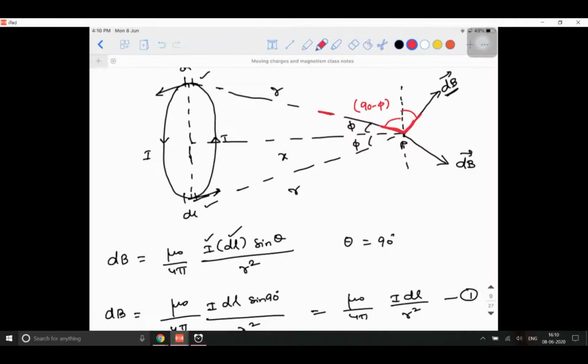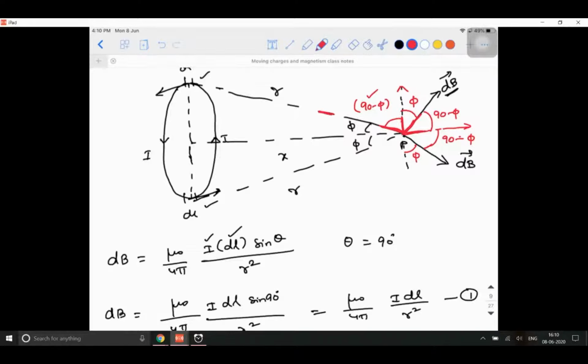If that is the case, out of the perpendicularity, 90 minus phi is gone. Then this angle will be phi, and I'm extending this line. This line and this line are perpendicular again. So if this is phi, this is going to be 90 minus phi. I'm following the symmetry. So 90 minus phi, this is also going to be phi.